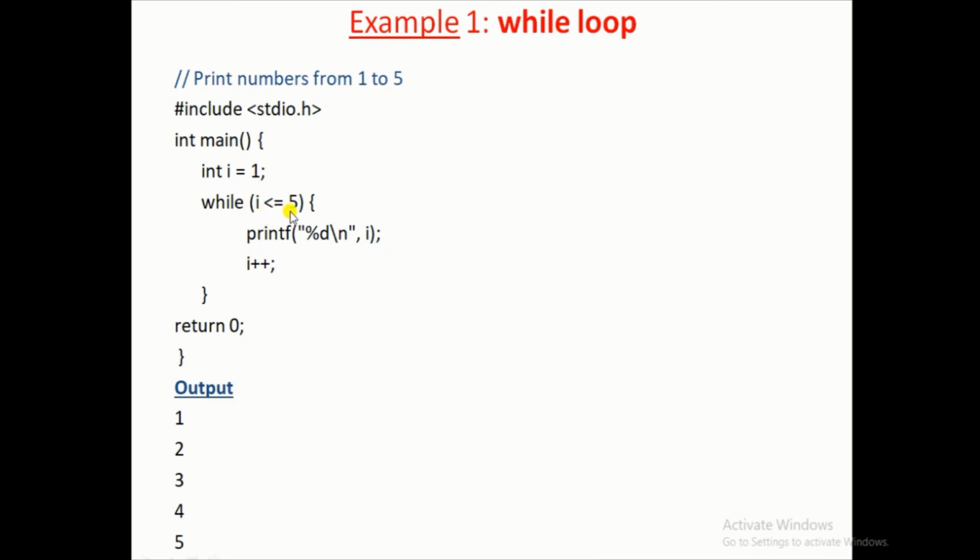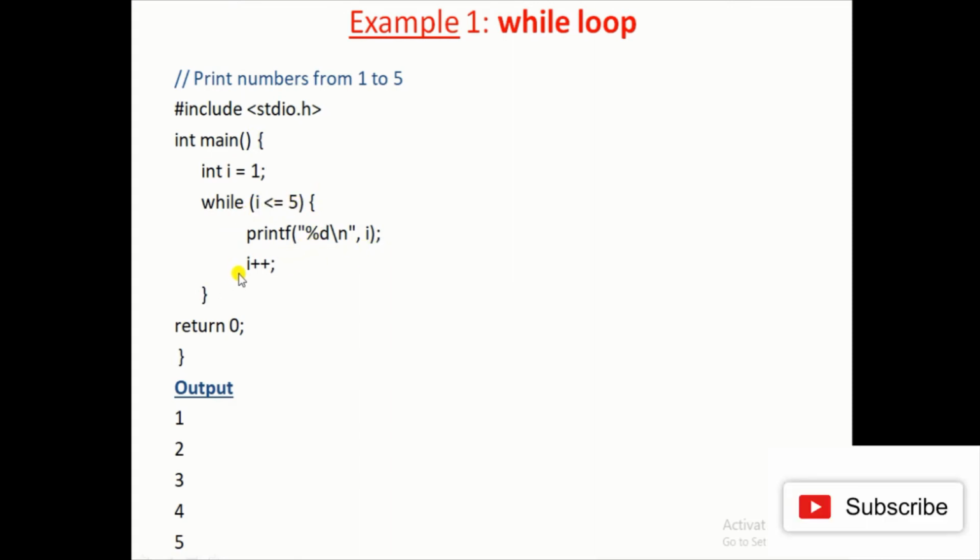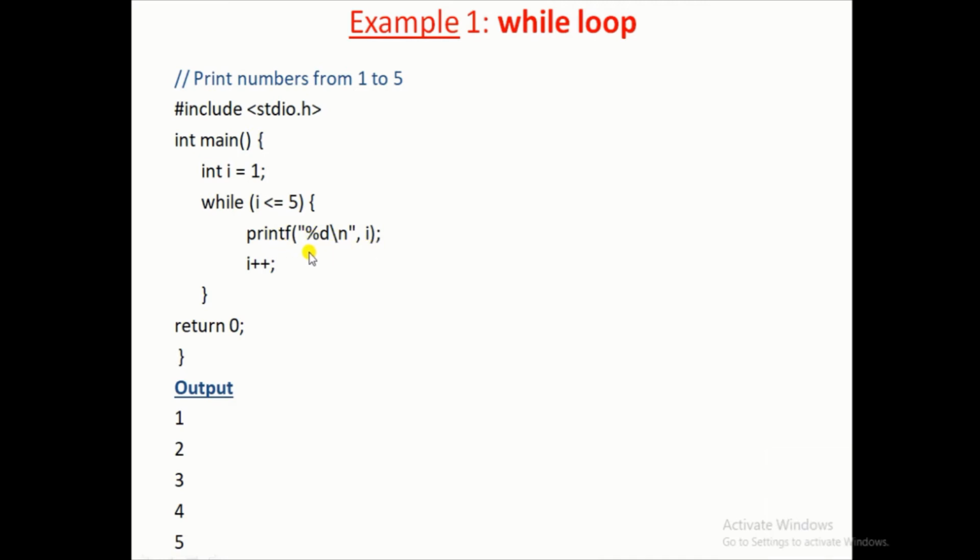Inside the curly brackets we put the statement printf("%d\n", i). Since we have to write the numbers, we use %d, which prints the number i every time until the condition is false. So how many times will this loop execute? It executes 5 times.